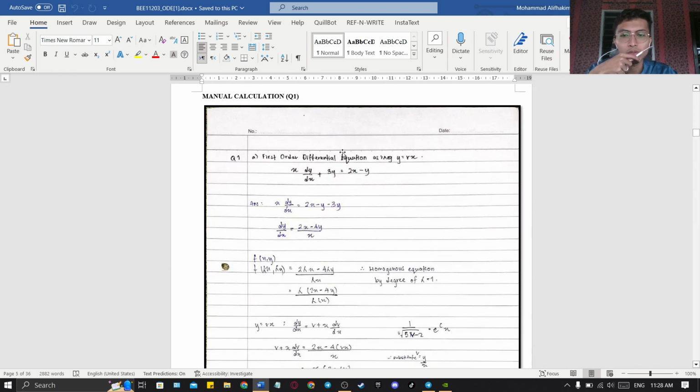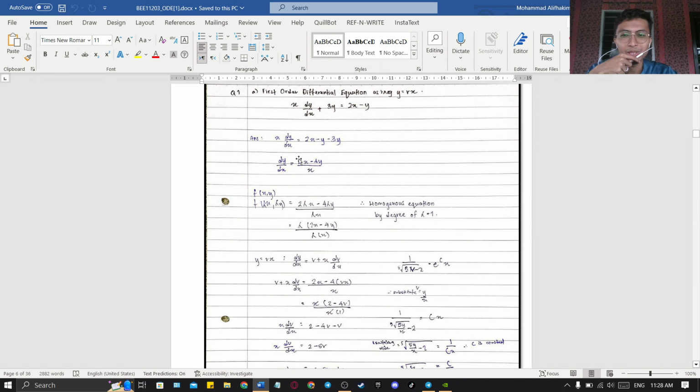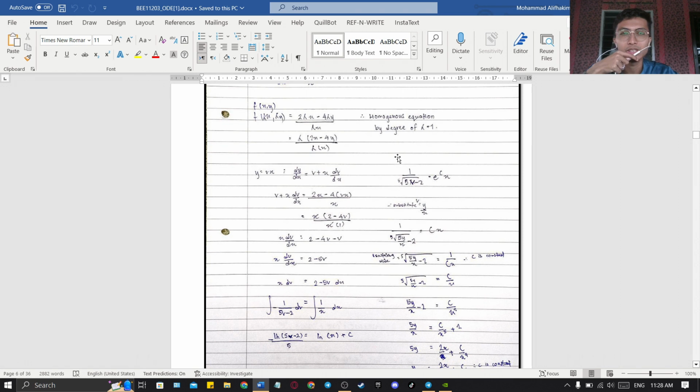Here we can conclude it using the homogeneous method. First we simplify it, apply the degree of lambda, and check if the lambda is equal or not. Here we got the homogeneous equation with degree of lambda equals 1. So we can conclude this equation is homogeneous.